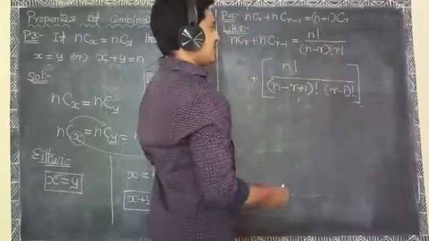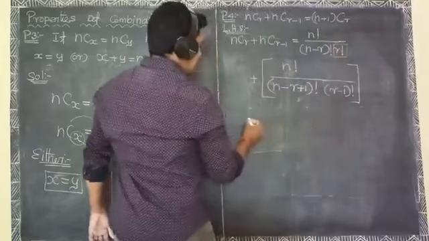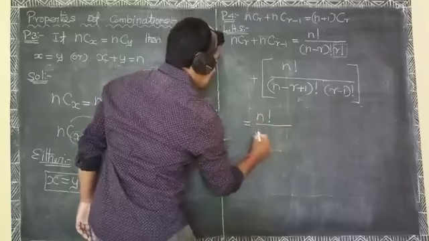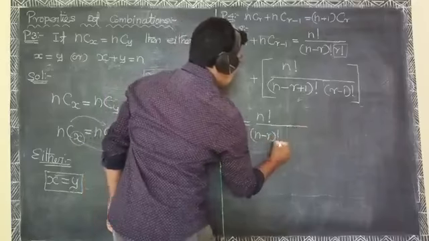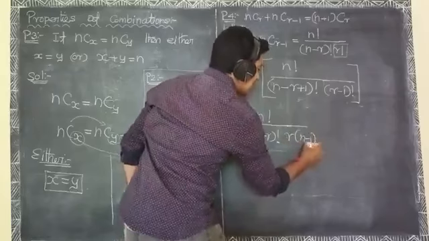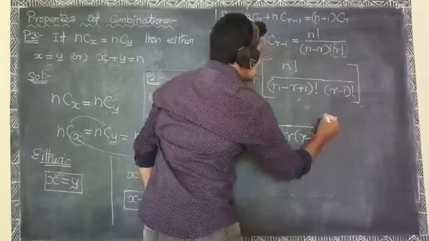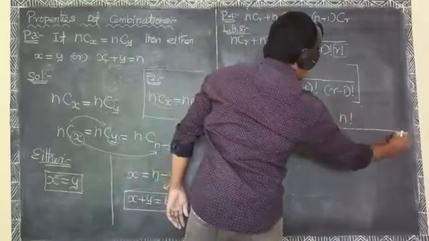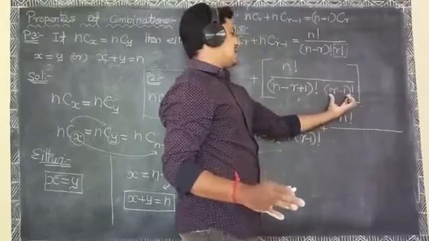In the first term we can change r factorial. We can rewrite n factorial divided by (n minus r) factorial into r into (r minus 1) factorial, plus in the second term n factorial divided by (r minus 1) factorial, which doesn't change.